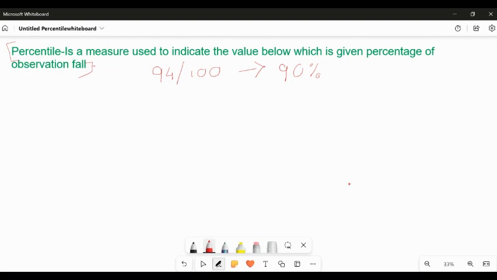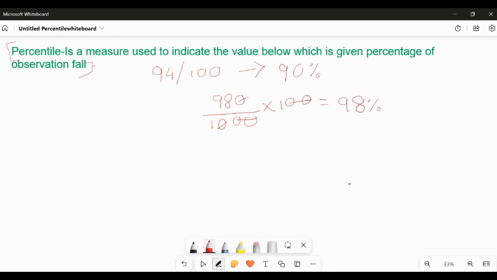So if I have around 10 subjects, and I got around 980 in total, 980 divided by 1000, into 100. So what will be my percentage? My percentage will be 98.